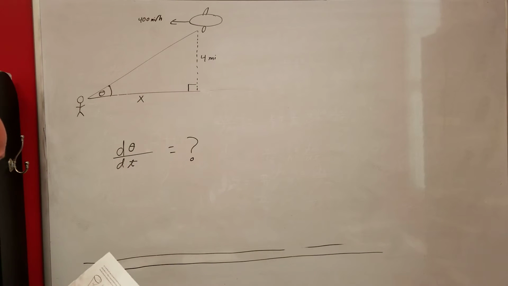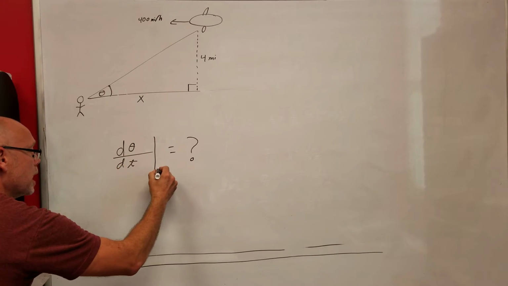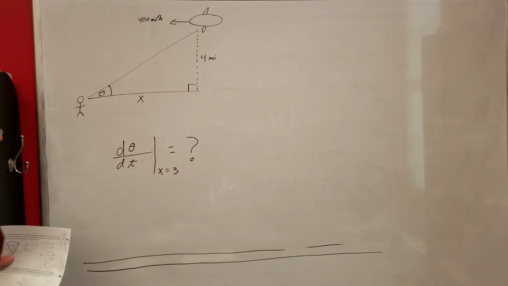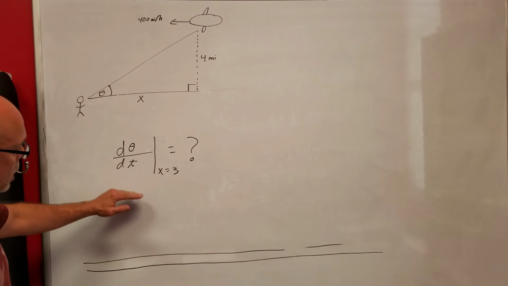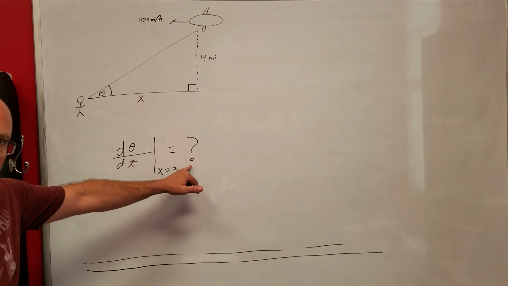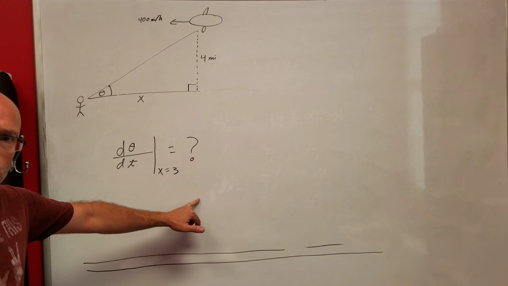So what are they asking for? Whenever this horizontal distance, x, is equal to 3. Round your answer to the nearest degree per hour. Usually I have more than one derivative. I have a derivative I have to find, and then I have a derivative that's given to me.